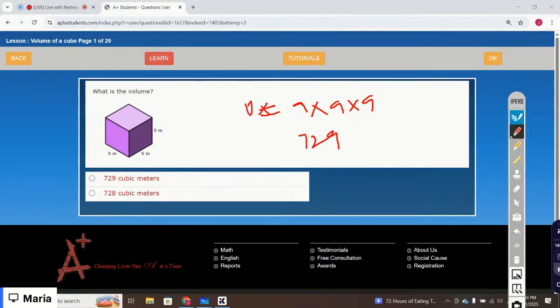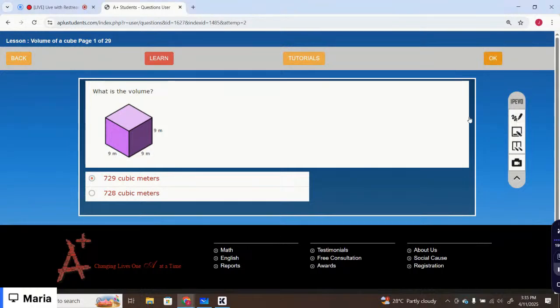The correct option is 729. Option number 1 is the correct option. That is 729 cubic meters.